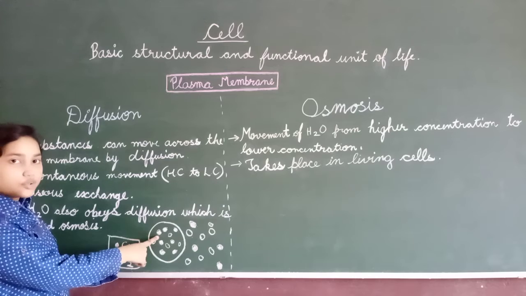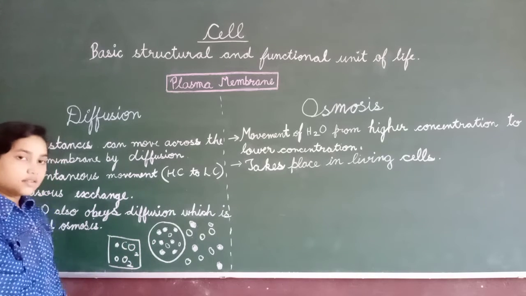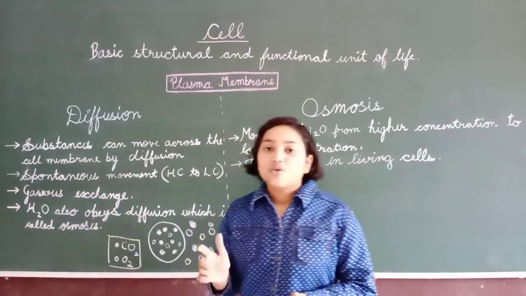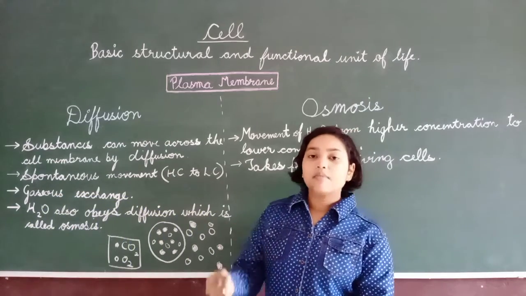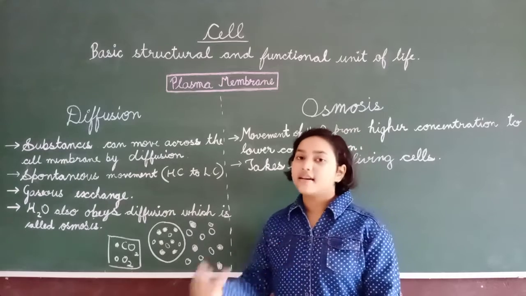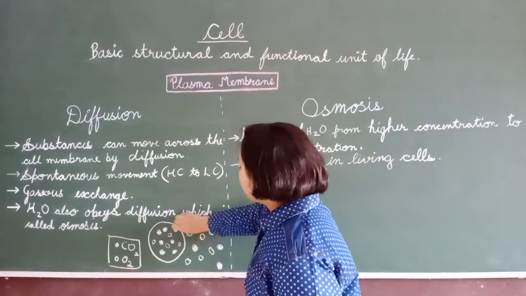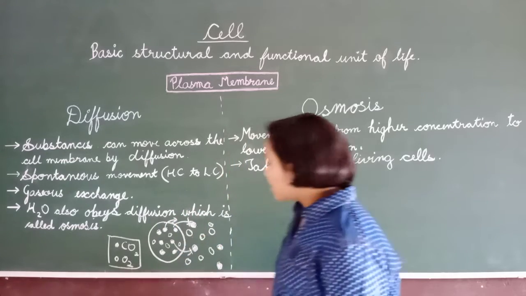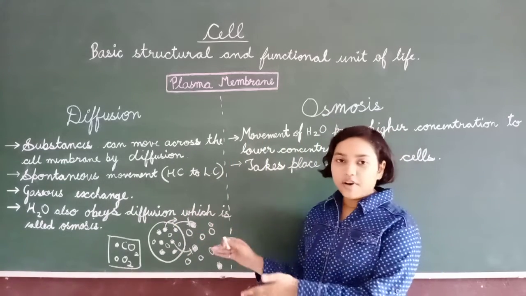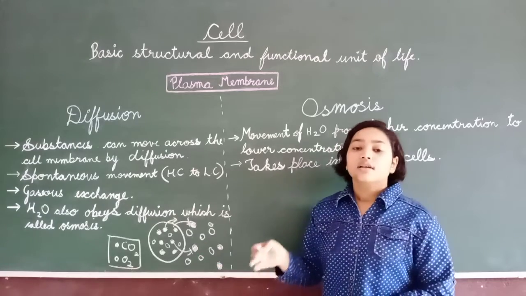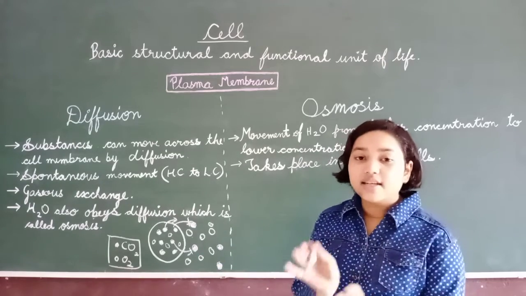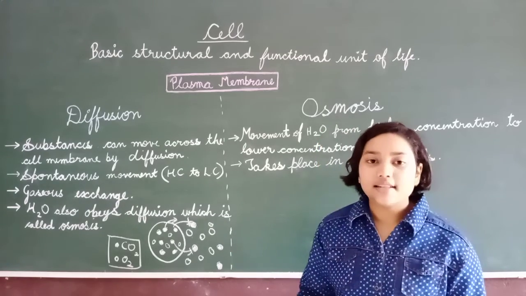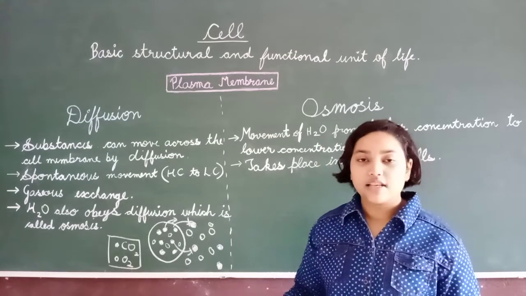So these molecules will move outside. As the plasma membrane is a semi-permeable membrane, it allows some substances to enter and exit. So these molecules of carbon dioxide will move out. When the carbon dioxide molecules come out, the blank space created inside the cell is empty.